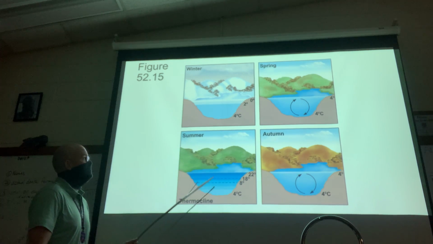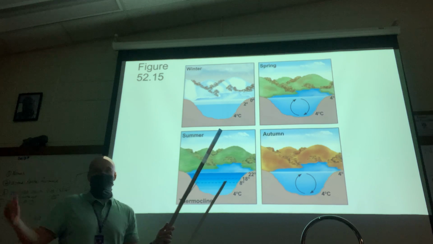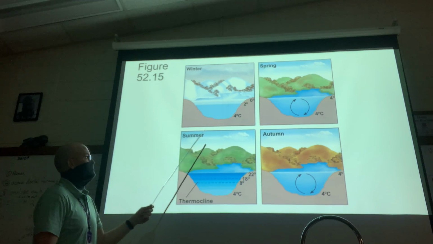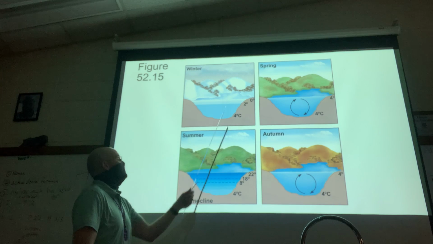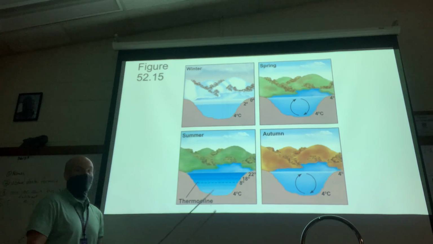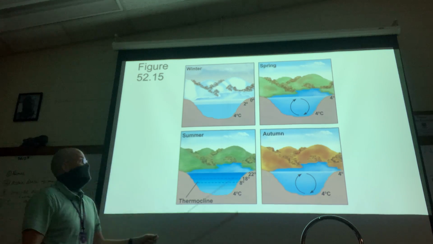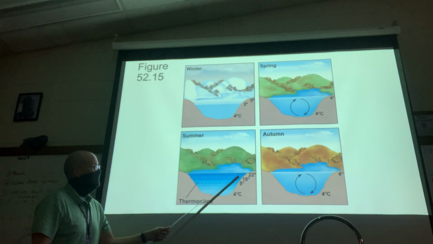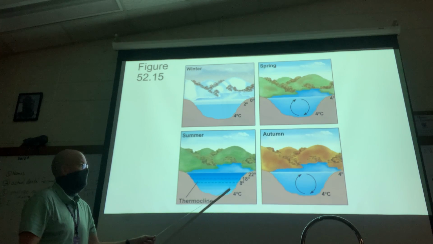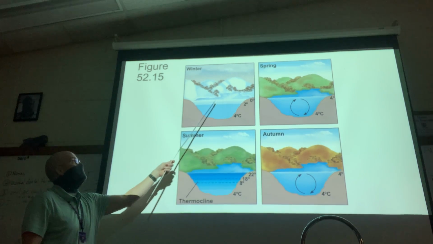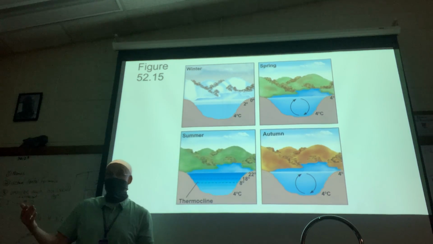In winter and summer, if you have a pronounced 4 seasons in the region, you can get what's called a thermocline, or temperature stratification. So you can find layers of water in lakes that are different temperatures.